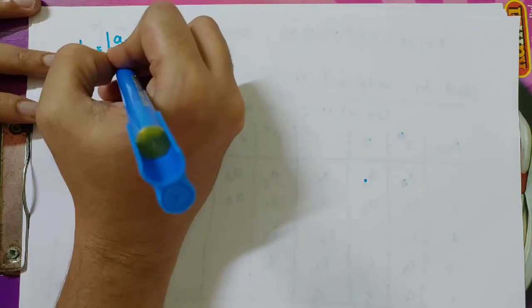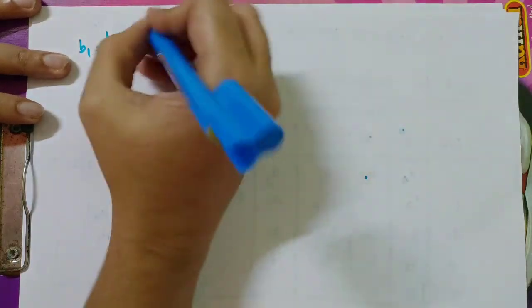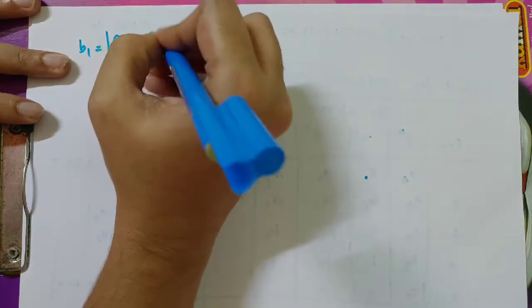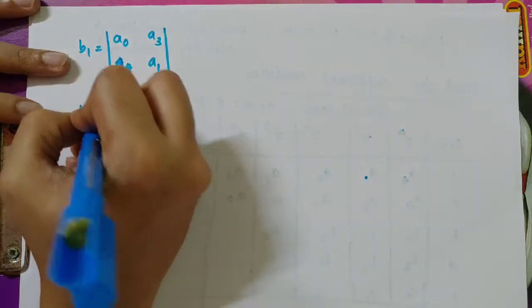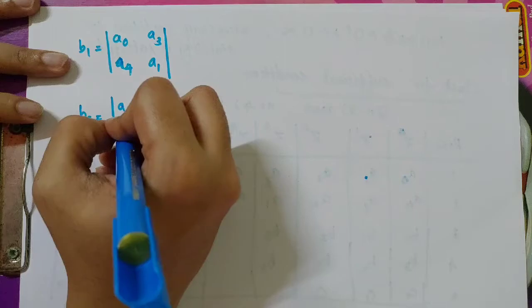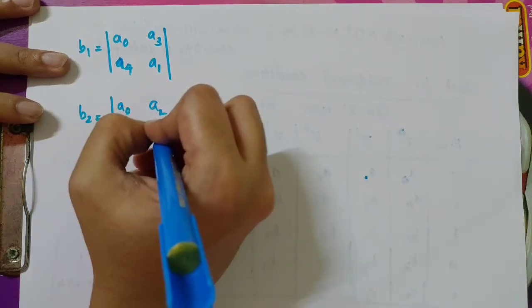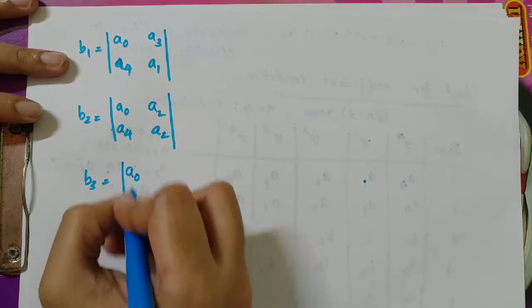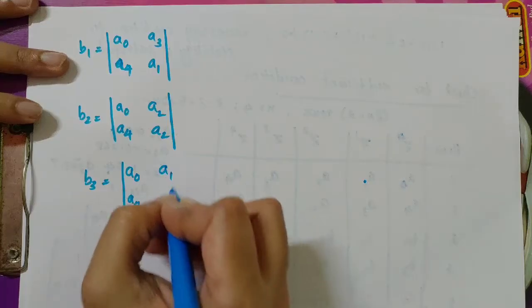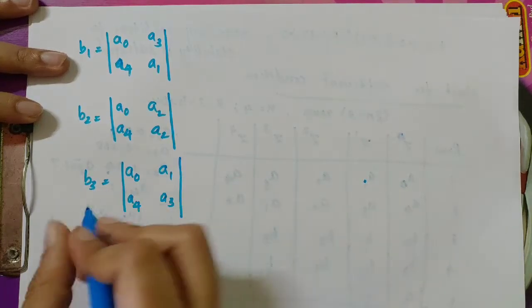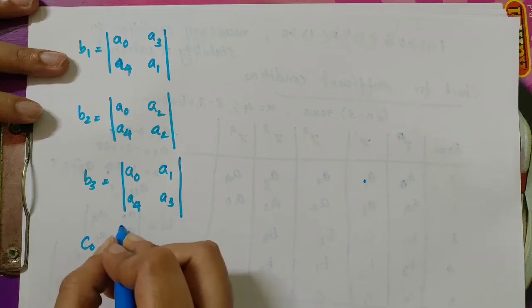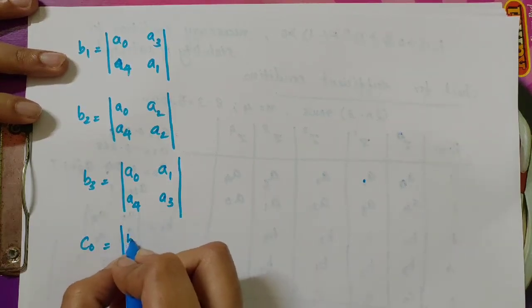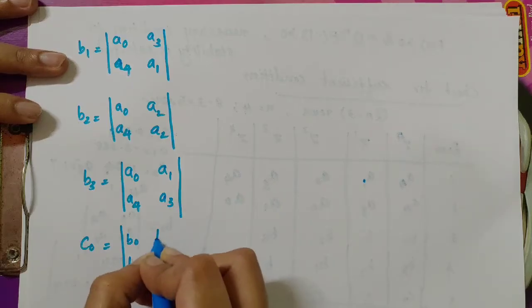So let us write everything. B1 is equal to the determinant of A0 A4 and A3 A1. B2 is equal to A0 A4 A2 A2. B3 is equal to A0 A4 A1 A3. C0 is equal to B0 B3 B3 B0.